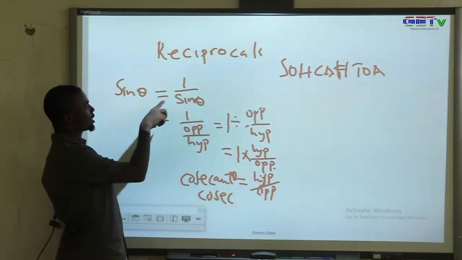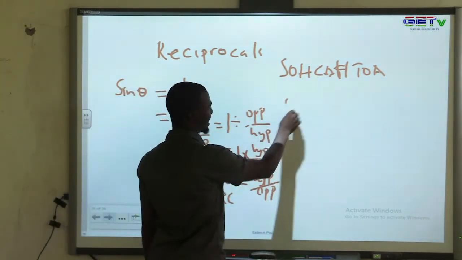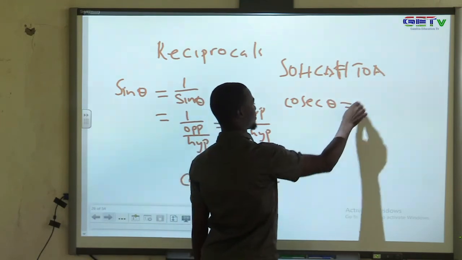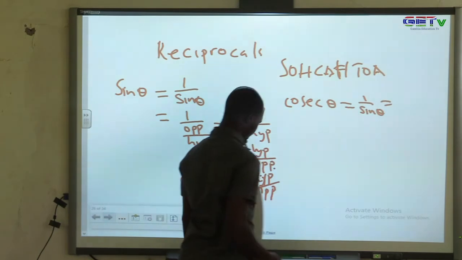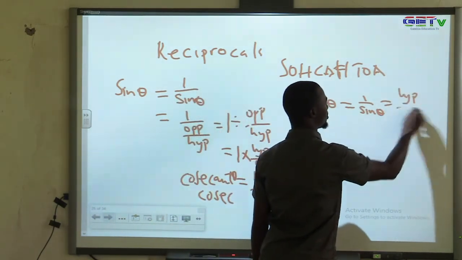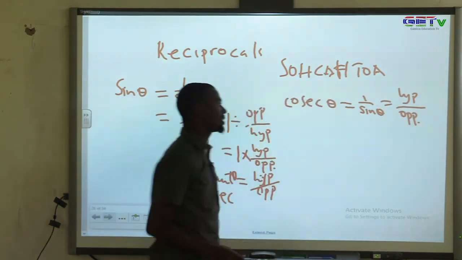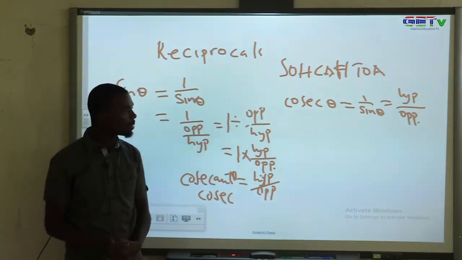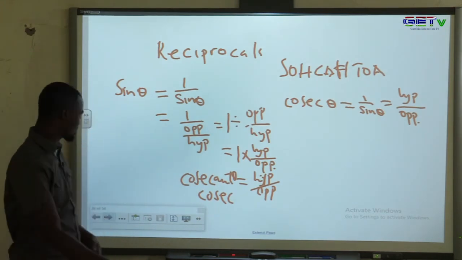Where you have the reciprocal of sine theta, that will be cosec theta, and cosec theta is the same as 1 over sine theta, which is the same as hypotenuse over opposite. That is the reciprocal of sine.